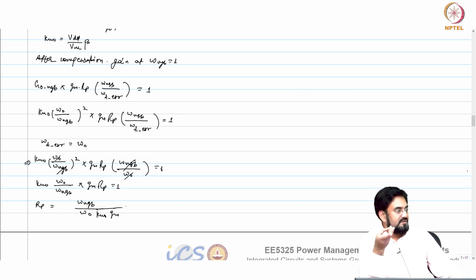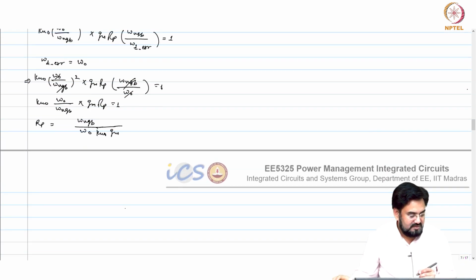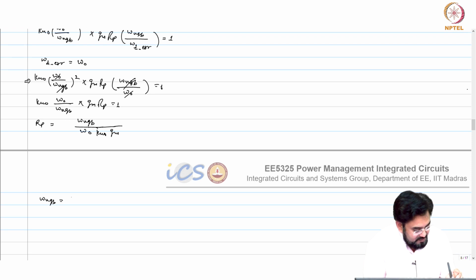Omega UGB is known. You are designing your system, and usually you design omega UGB equal to 2 pi FSW over 10, 1/10 of your switching frequency.